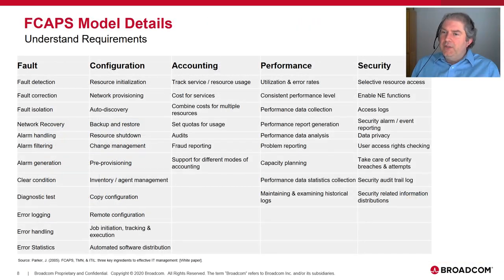And so when we look at that, we drill down. There are key areas in here. So things like fault detection, fault correlation, alarm generation, error logging when we look at fault. Configuration management: this is being able to provision devices, discover the network, back up and restore configurations. When we look at performance monitoring, looking at utilization, error rates, capacity planning, reporting, report generation.